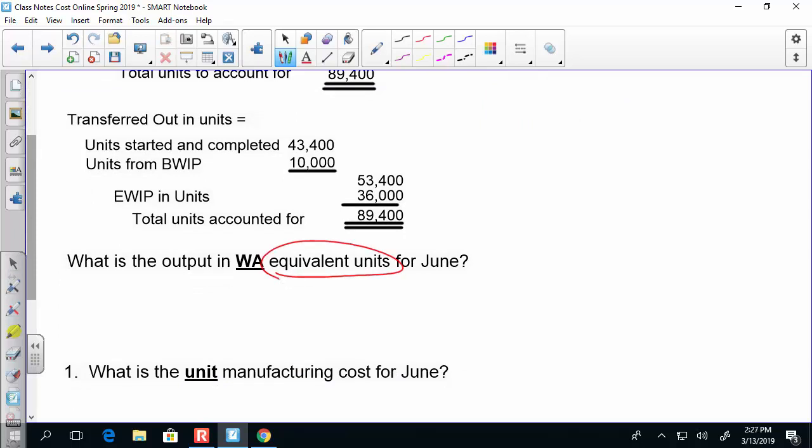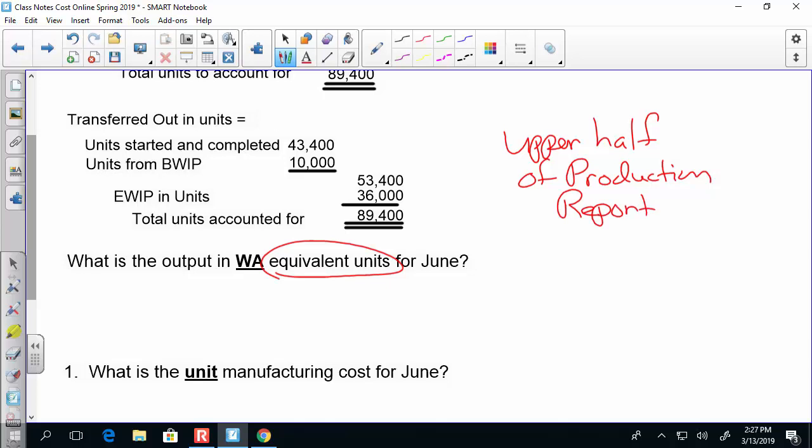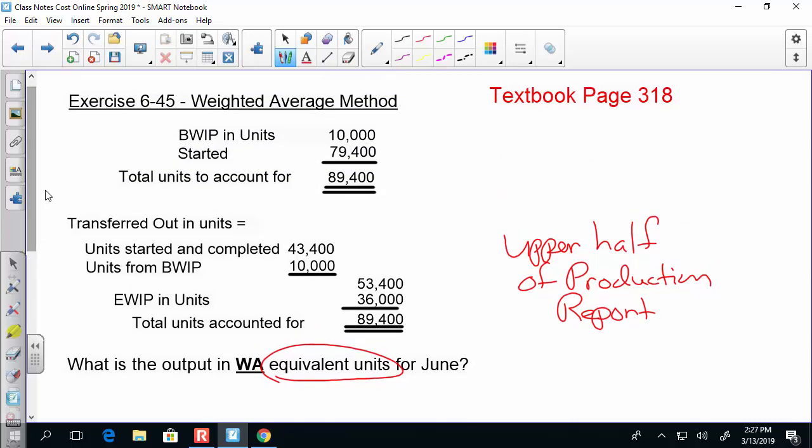So this is just a practice on how to do the upper half of the production report, the unit section. So what I have here is basically our whole units starting out.